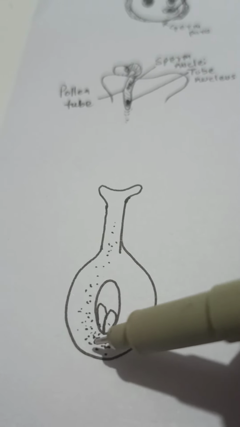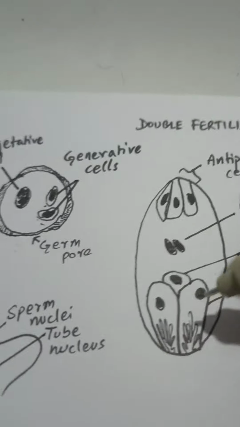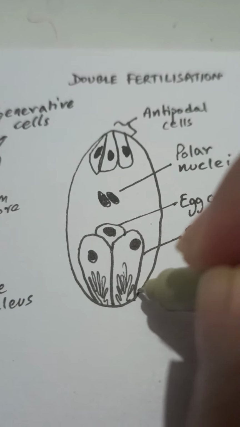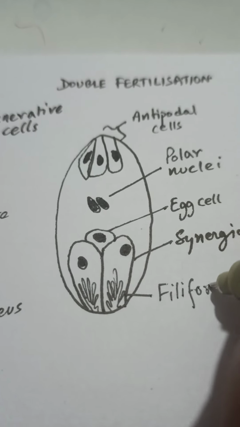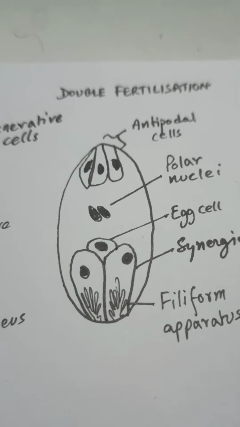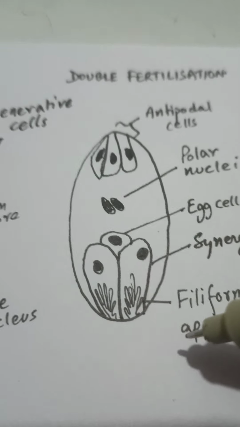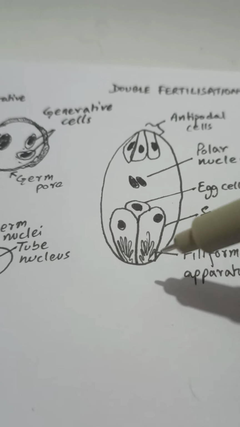All of those chemicals are released from there, and the ones responsible for the release of those things are these finger-like projections known as the filiform apparatus. This filiform apparatus, or filiform appendages as they are called in some places, are the ones secreting all those chemicals.